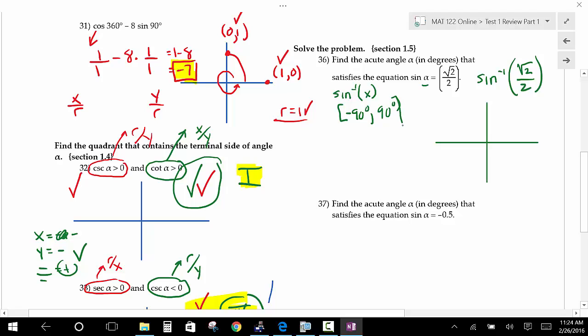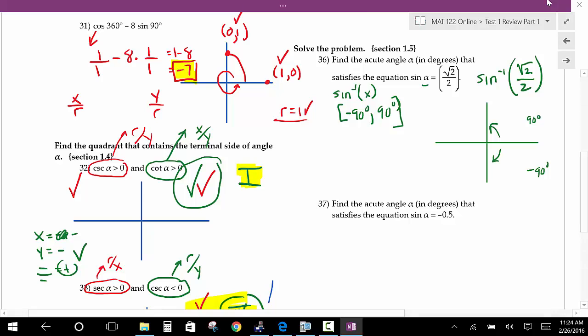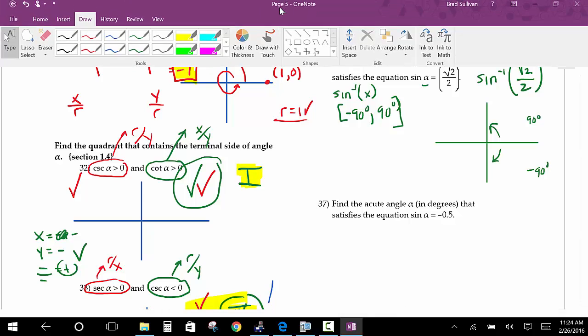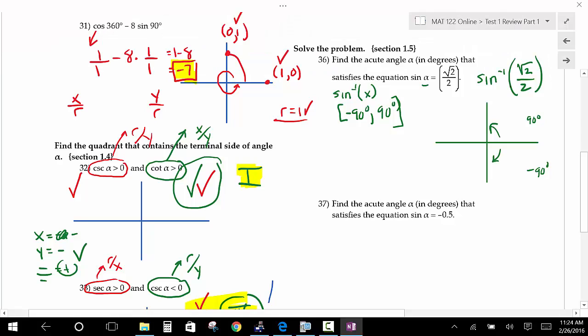So when you give me an answer to an inverse sine, your answer has to be this way, up to 90 degrees, or it has to be this way between 0 and negative 90 degrees. Those are your two choices. Well, since I gave you a positive ratio for that sine, you can't be here, because the sine takes on a negative value in that quadrant. You have to be in quadrant 1.